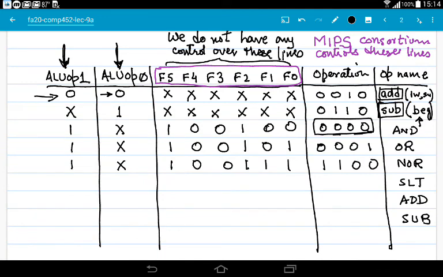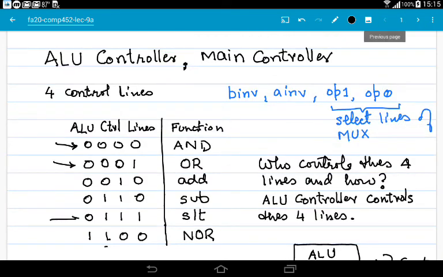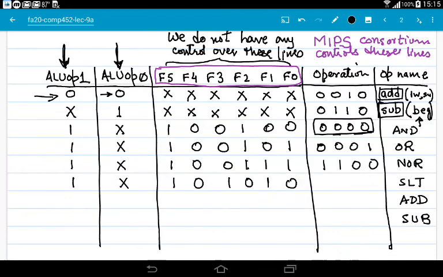Now let's look at the function code for SLT, sorry, not the opcode, the function code. The function code for the SLT instruction is 2A. So we write 1 here, X here, 2A. A is 1010. Now let's go back and see what we need to do for SLT: 0111.